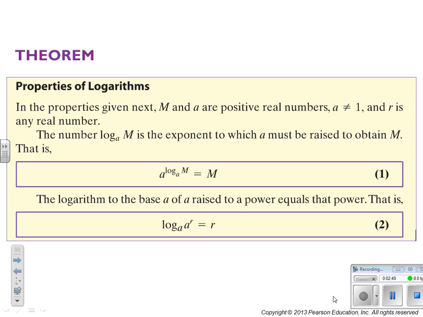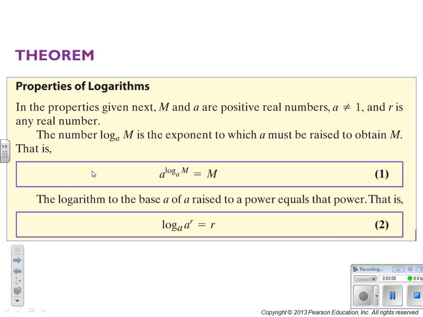All right. In the properties given next, m and a are positive real numbers. a is not 1. r is any real number. Log base a of m is the exponent to which a must be raised to obtain m.